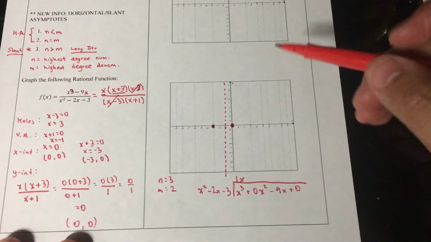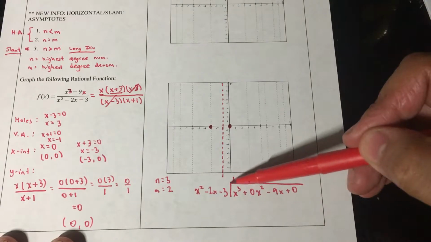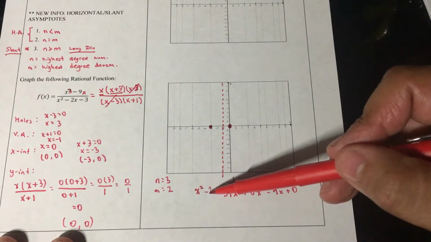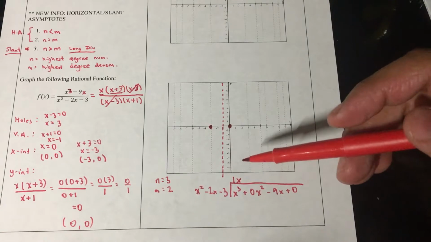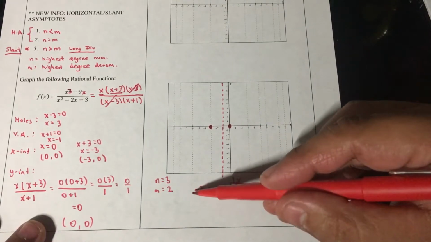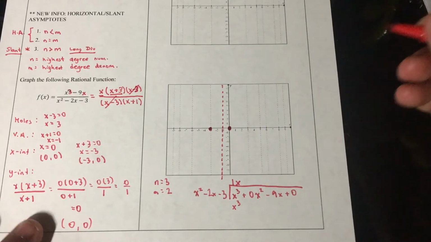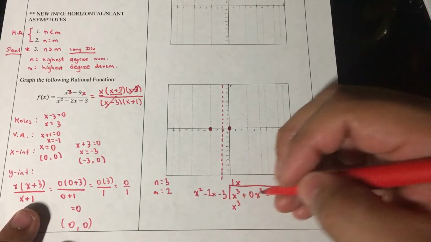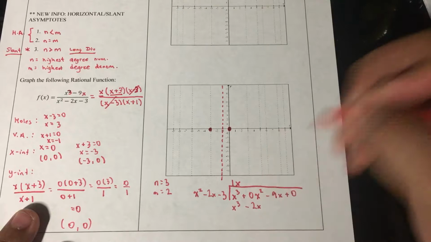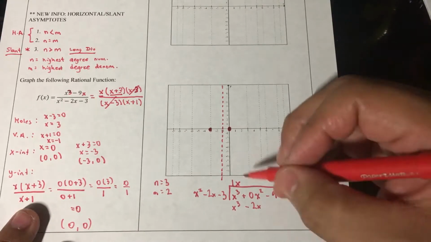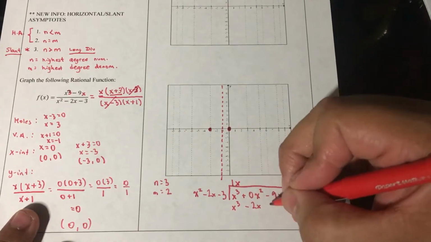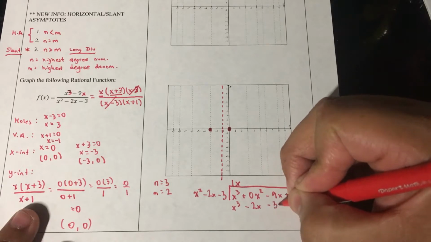Now what I'm going to do is multiply this 1x times every single one of these numbers. 1x times x squared is x cubed. 1x times negative 2x is negative 2x squared. 1x times negative 3 is negative 3x.